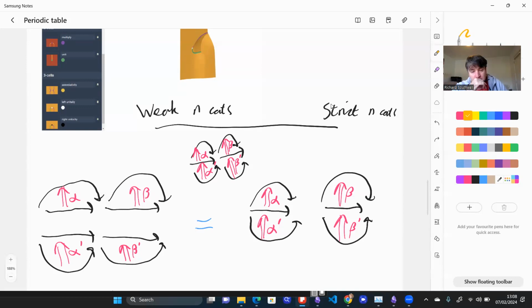Now, this makes total sense with the way that you would arrange this kind of thing in Homotopy IO. Because in Homotopy IO, you'd just be drawing some sort of a picture that looks like this. And it's sort of clear that you're free to read it as this side by side with this, or you could read it as this on top of this.